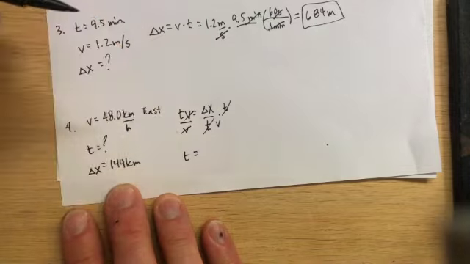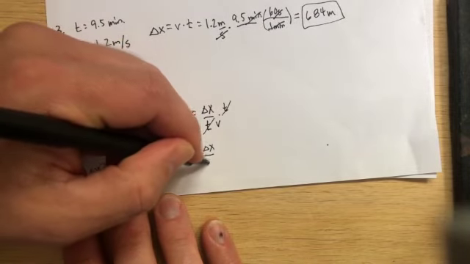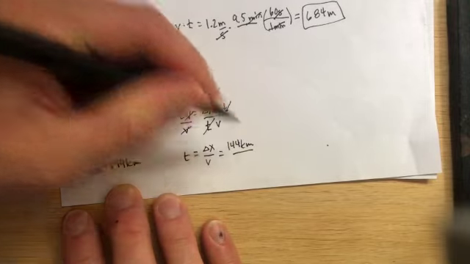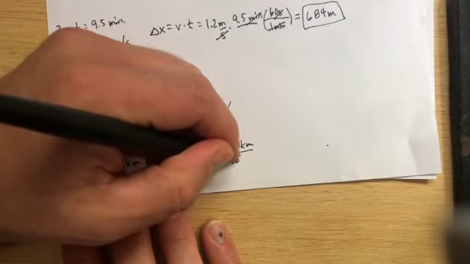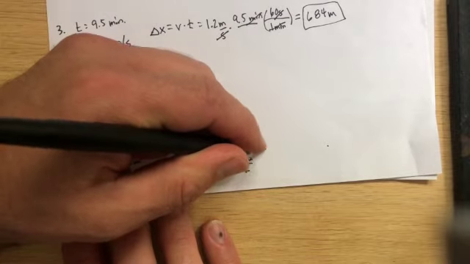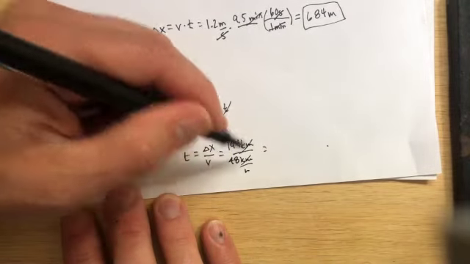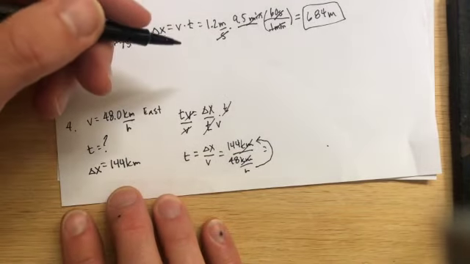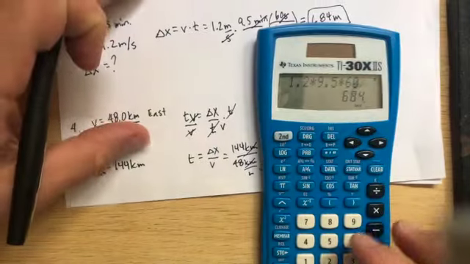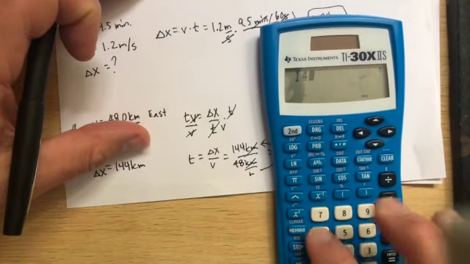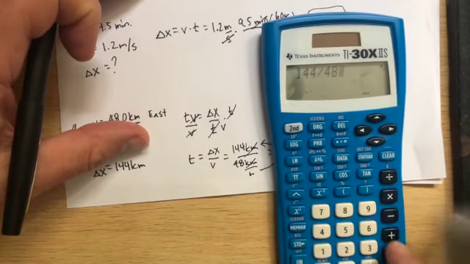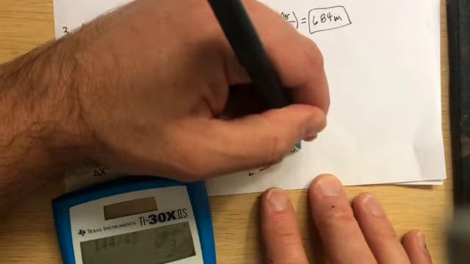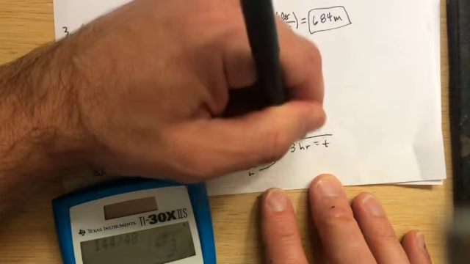T equals delta x over v, and that's going to be 144 kilometers over 48 kilometers per hour. Kilometers are going to cross out kilometers here, and hours will come up to the top for time. So what is 144 divided by 48? It is 3. So that's 3 hours equals our time.